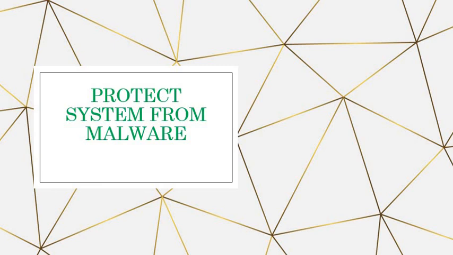Now, you have to protect your system from malware. In conventional infrastructure, you have to protect it from outside threats. These can be viruses, malware, rootkits, spam, and bots or botnets.